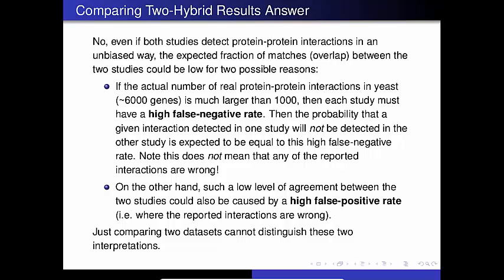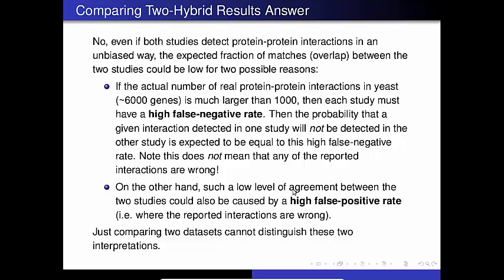So we could have a situation where the two lists would have very little agreement at all, but actually every single one of those results could be a correct, real protein interaction pair, right? Why? Because if each study has a high false negative rate, then it will fail to detect the vast majority of the interactions that are detected by the other study, even though both studies are returning results that are completely correct, true interactions.